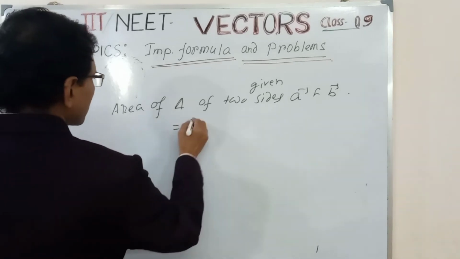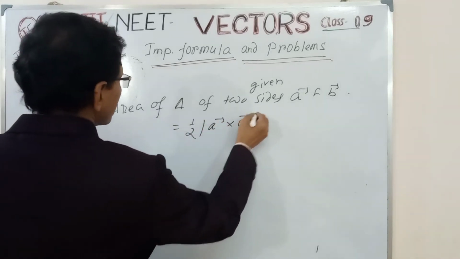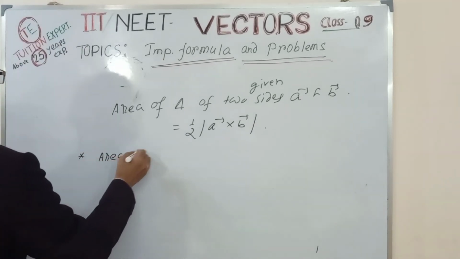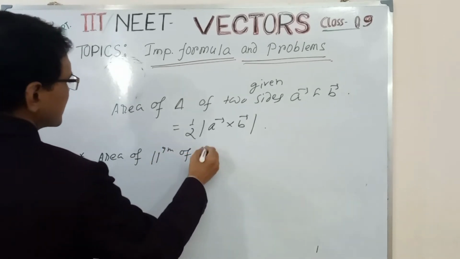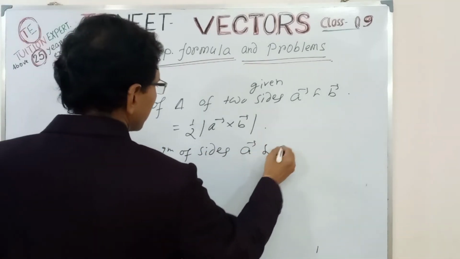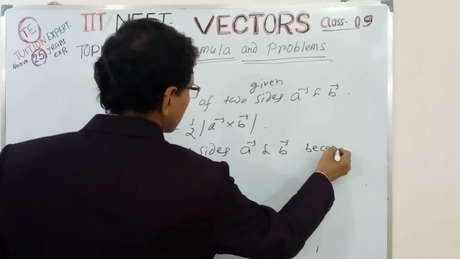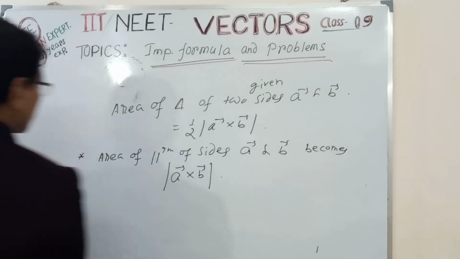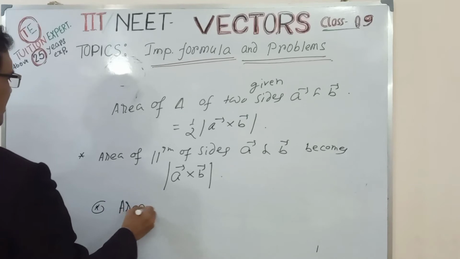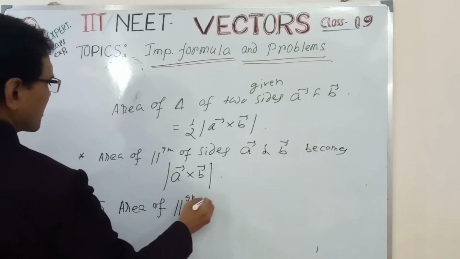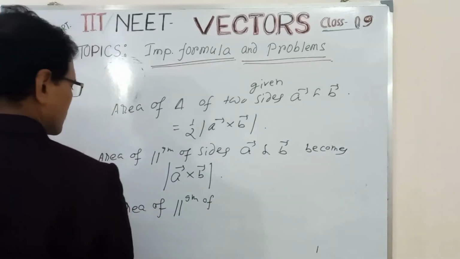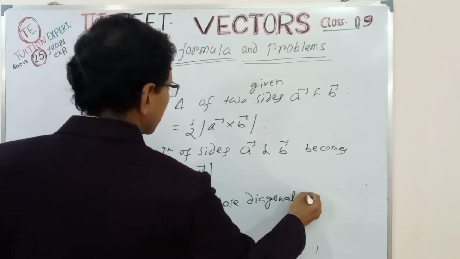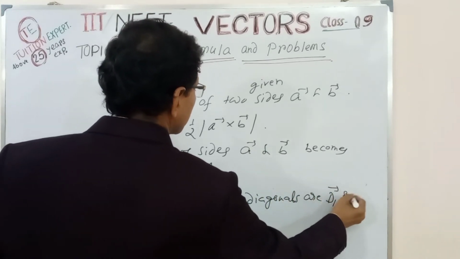Area of triangle becomes half A cross B, half the magnitude of A cross B, and area of parallelogram of sides A and B becomes A cross B. And area of a parallelogram whose diagonals are D1 and D2.